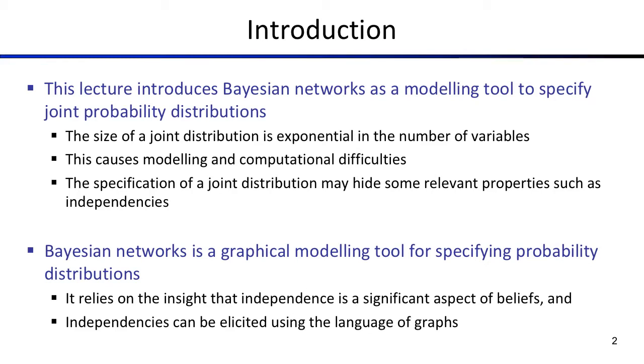I included in the tutorial one exercise where I give you a small joint distribution and ask you what the independencies are. To answer that question, we need to factorize and change the representation, because looking at the joint distribution, it is difficult to say which variables are independent, and which ones are conditionally independent of others.